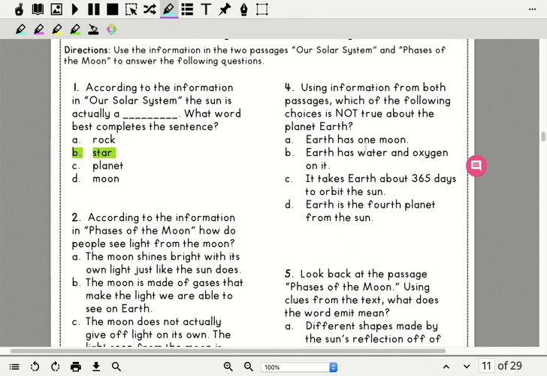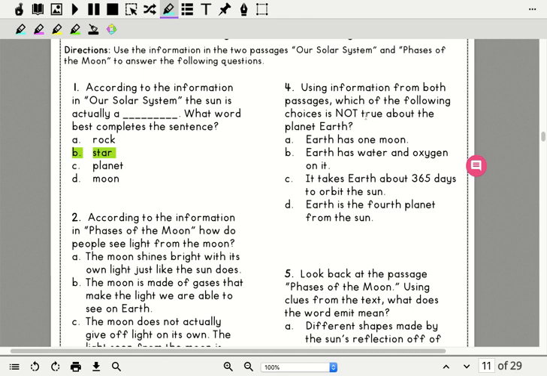Okay, so we read that it has one moon, and that's in the phases of the moon passage. Now, we also read in our solar system, on what are the inner planets, it says Earth is the only planet that has water and oxygen. So we know that's true.